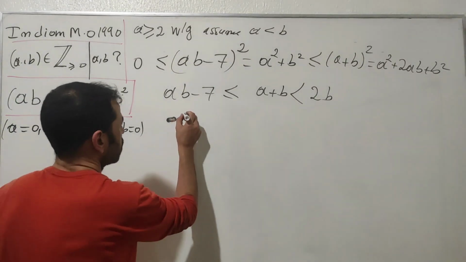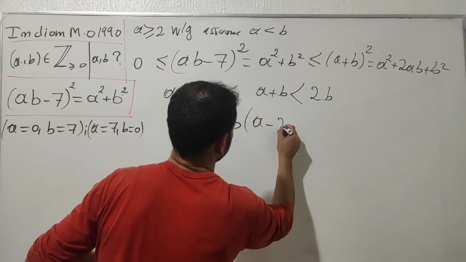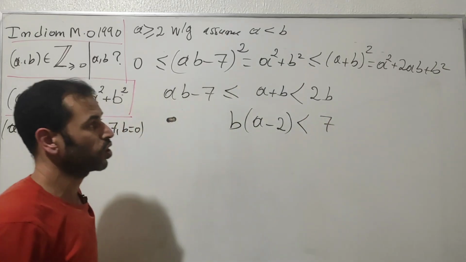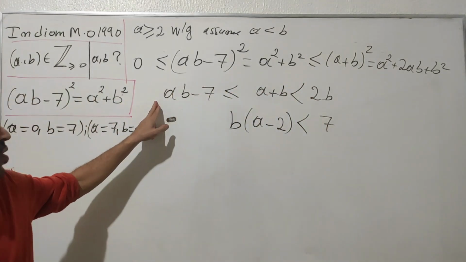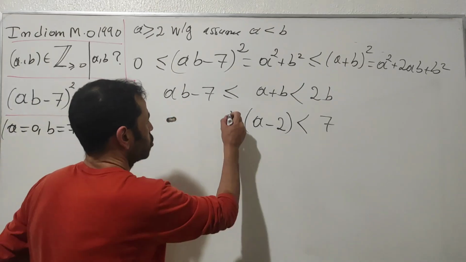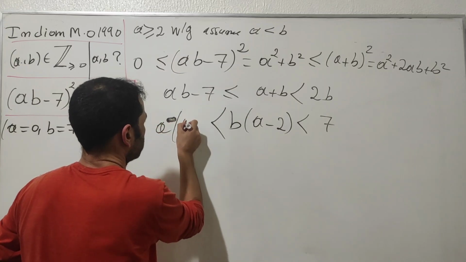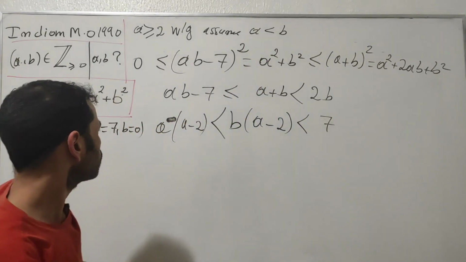So we get b times (a minus 2), which is strictly less than 7. Taking this to the other side, b is strictly greater than a, which gives b(a minus 2) greater than a(a minus 2).